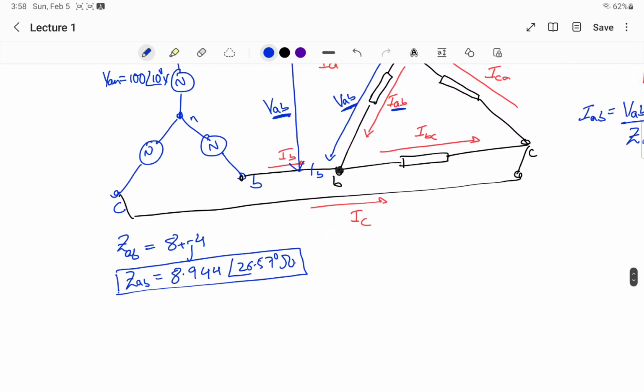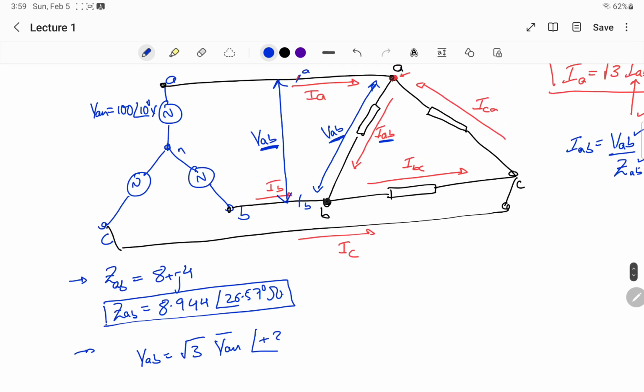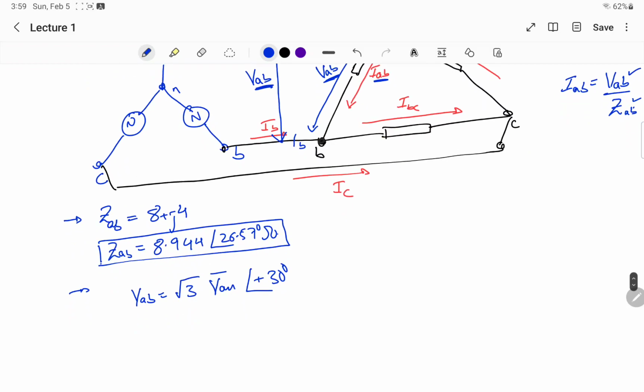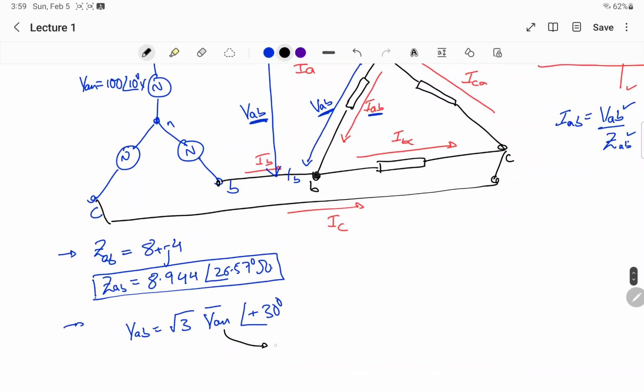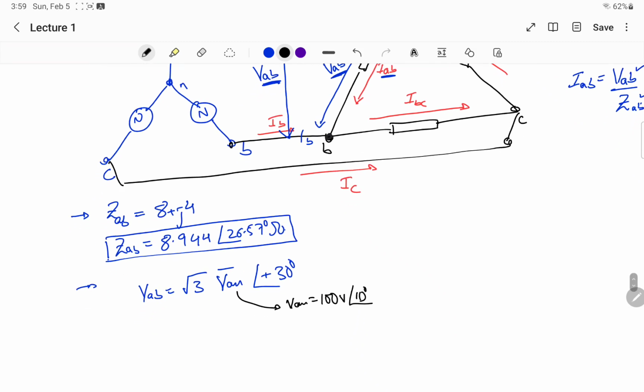VAB can be calculated very simply. VAB, we have the phase voltage, root 3 VAN angle plus 30. So what is the value of VAN? This we are already given, that the value of VAN is 100 volts with the angle of 10 degrees.